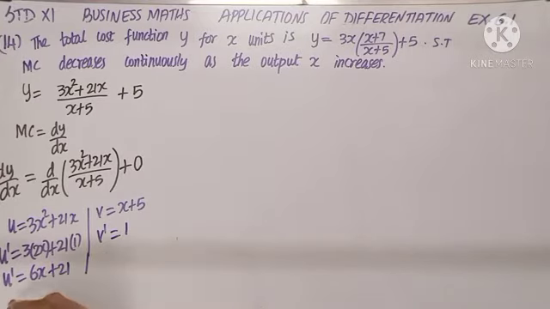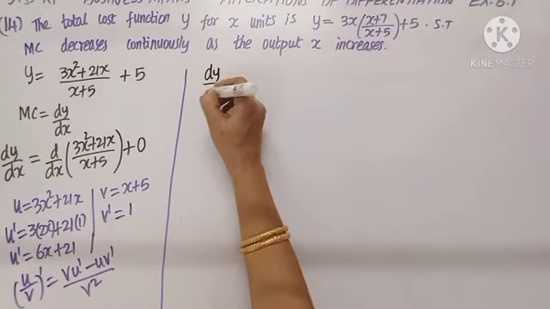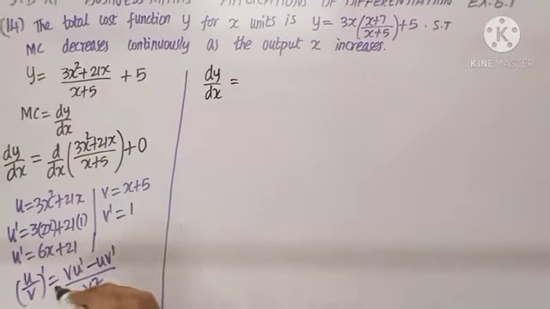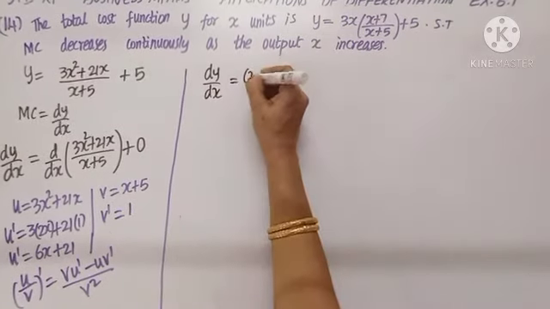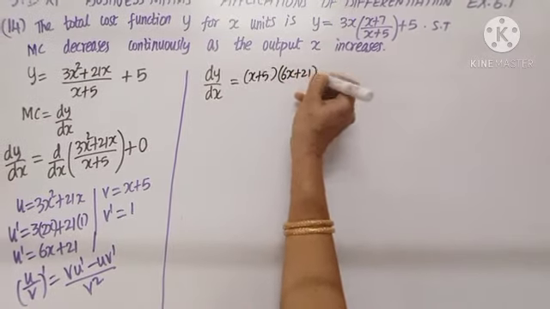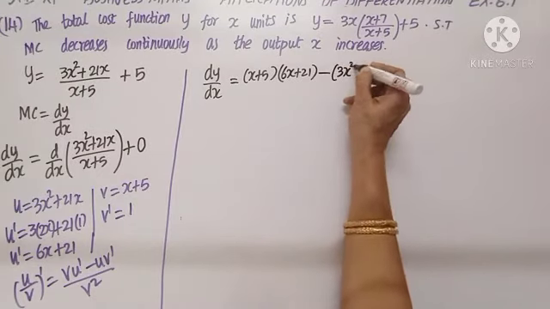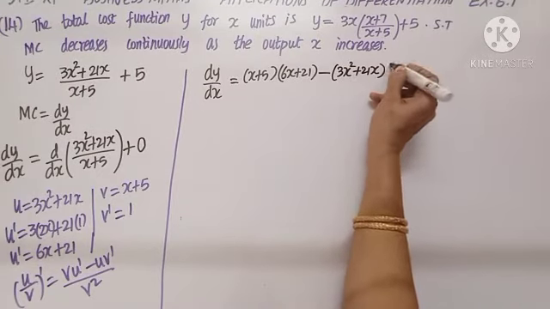Let us remember the formula. U by v the whole dash is vu dash minus uv dash by v square. dy by dx equals vu dash. V is x plus 5. U dash is 6x plus 21, minus uv dash, 3x square plus 21x into 1.